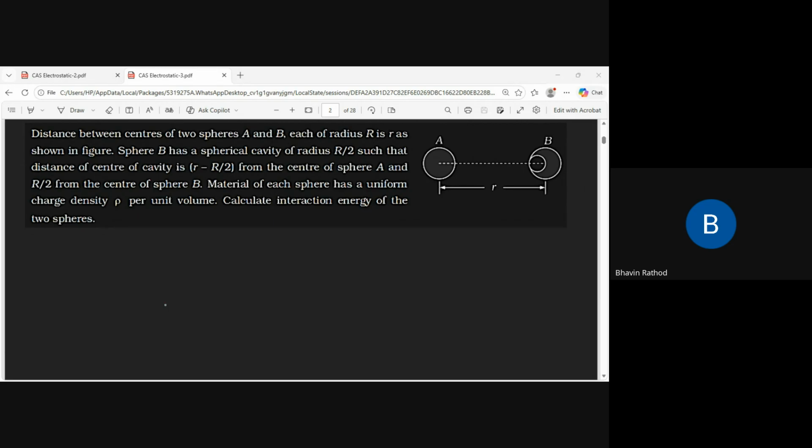Here we are given two spheres, out of which one sphere has a spherical cavity, and we want to find out what is the interaction energy of these two spheres.